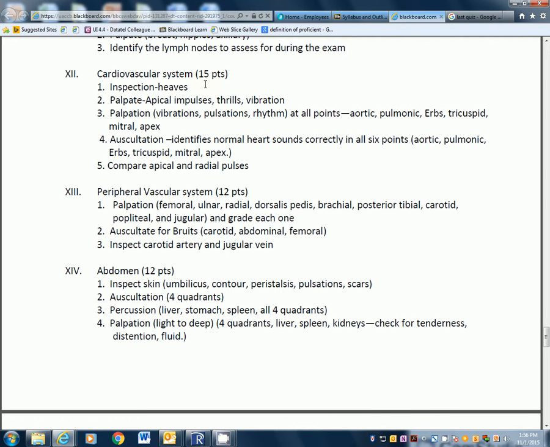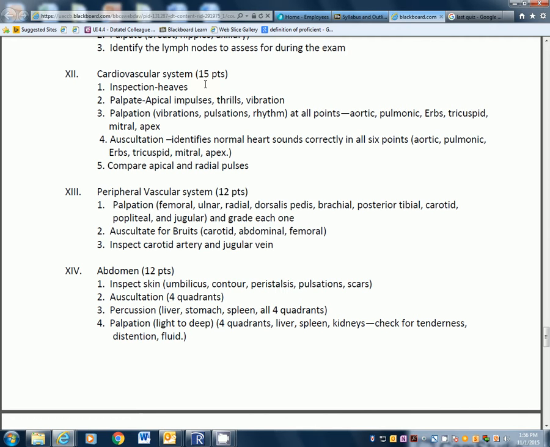Once you find it, you would note the location, the amplitude, and the duration. The apical impulse is palpable in about half of adults. It is not palpable in very obese people and people with very thick chest walls. You can forget it; you probably will not be able to palpate the apical impulse.